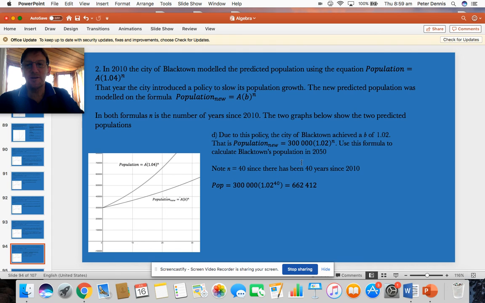Again, it comes down to that understanding that 2050 is at n equals 40, remember, not n equals 50. And then it's just a straight substitution. 300,000 times 1.02 to the power of 40. And suddenly you're getting a population of 662,000. Okay. Thanks. Hope that sort of runs through that question.